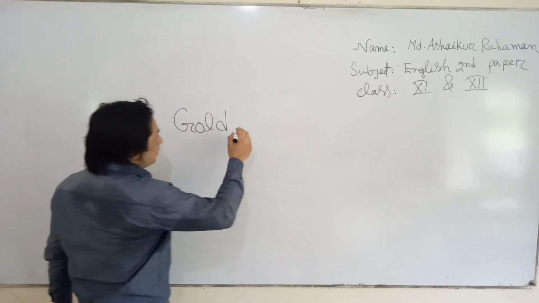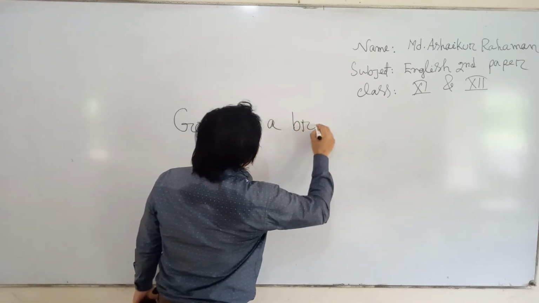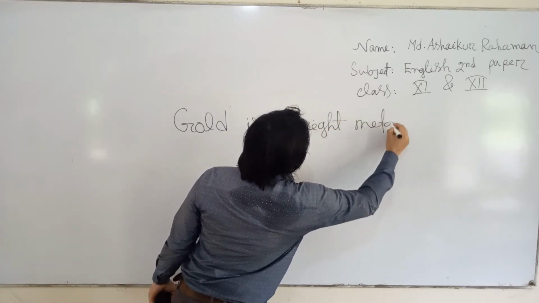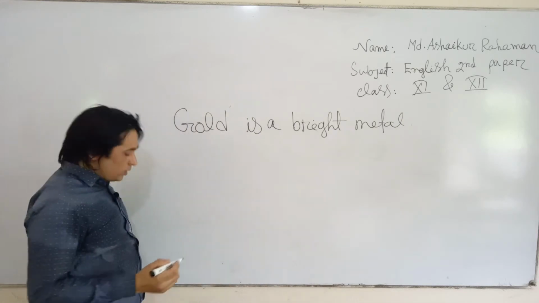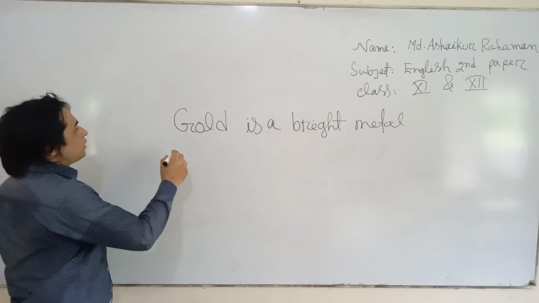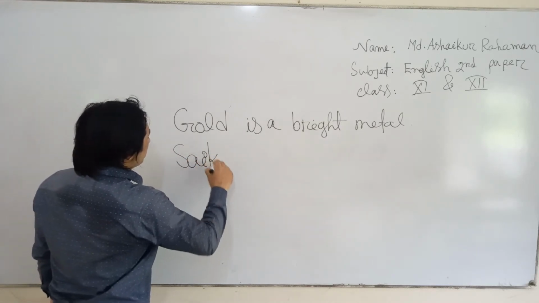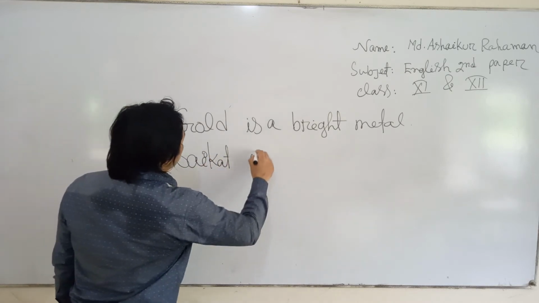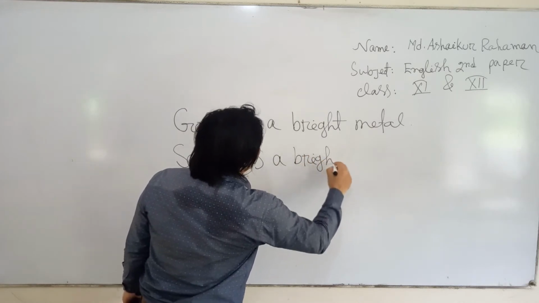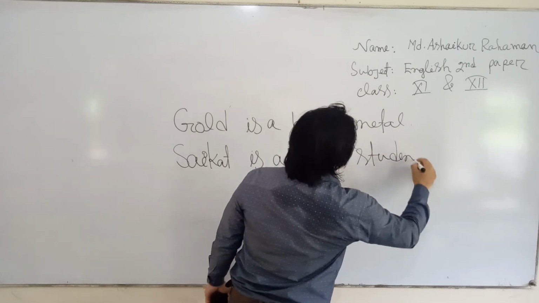First one, gold is a bright metal. The second one, Ashaikur is a bright student.